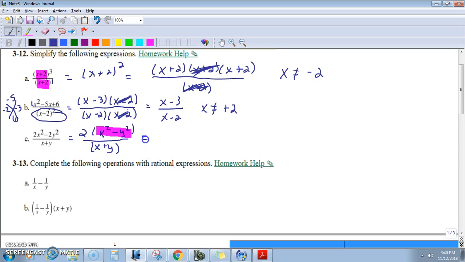So I love this stuff, you guys. This is just like a puzzle. This is my favorite part of math. 2 times, okay, so the square root of x squared is just x, and the square root of y squared is y, and one's going to be a minus, and the other one's going to be plus, all over x plus y.